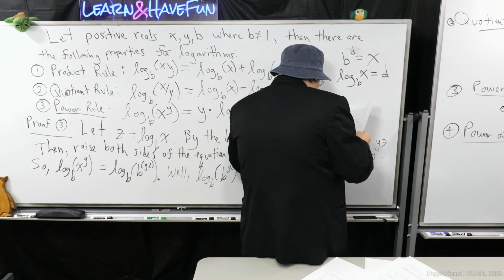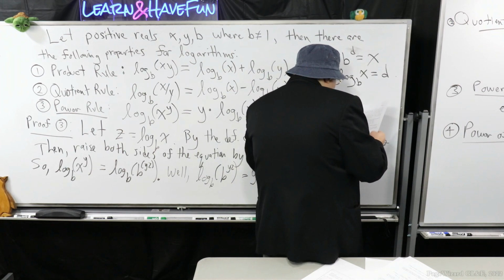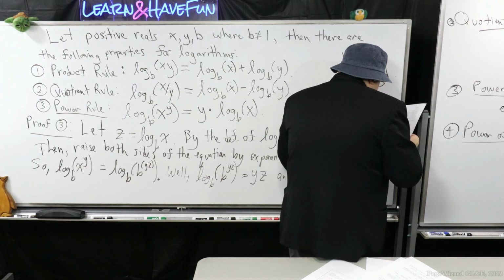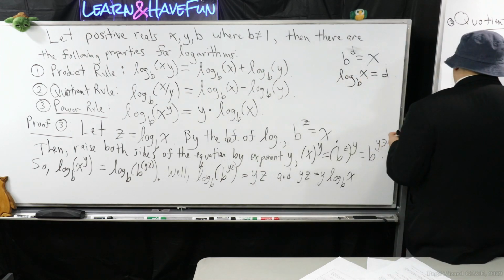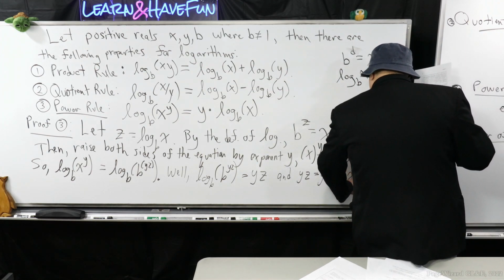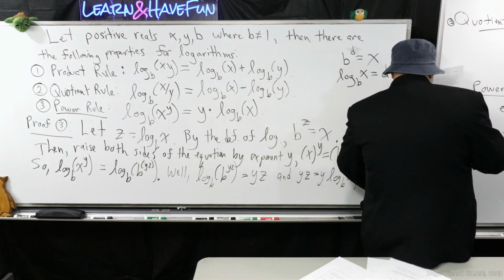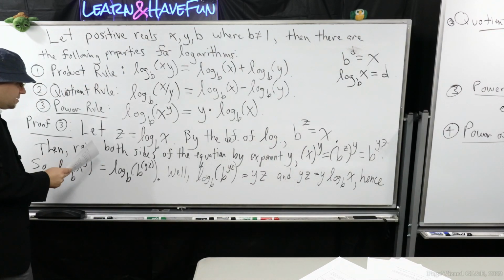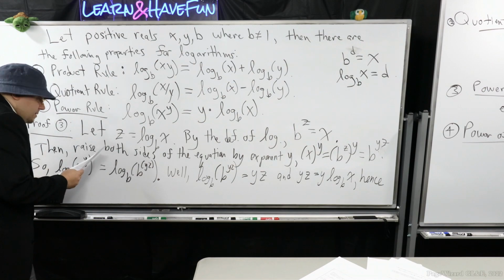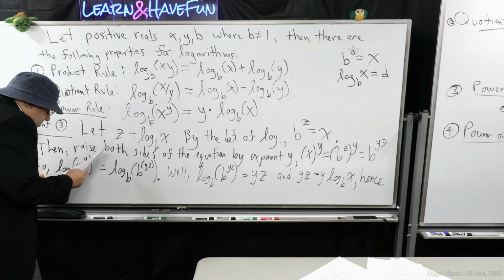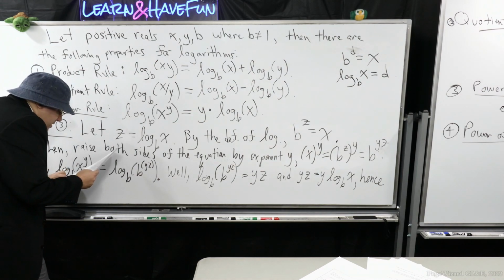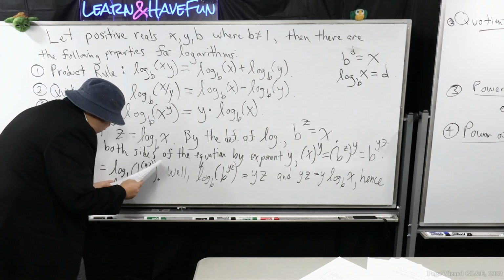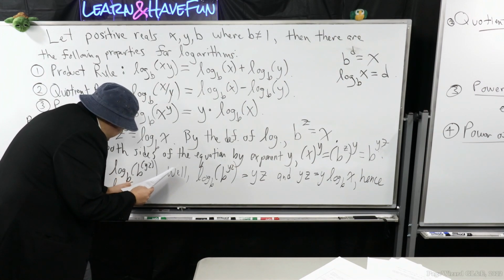And what's yz? yz is equal to y log base b of x, so y times log base b of x. Hence, it has to be that log base b of x to the power of y is equal to y times log base b of x. And we're done.